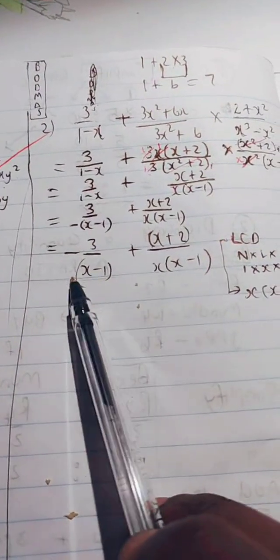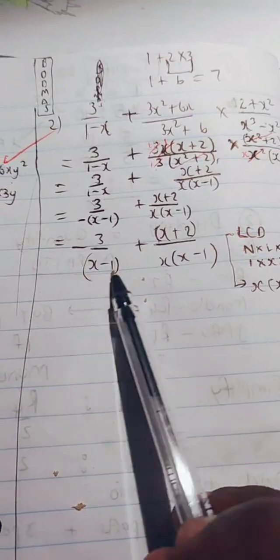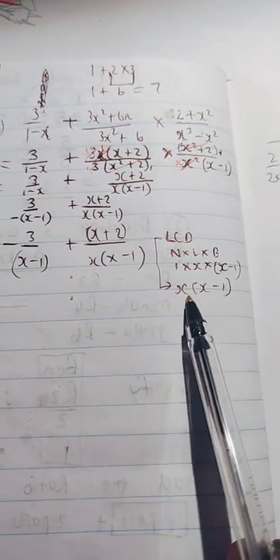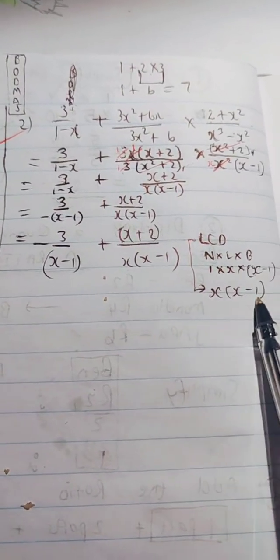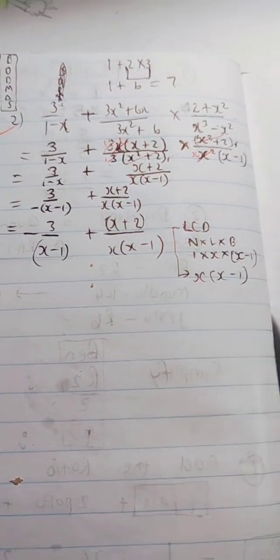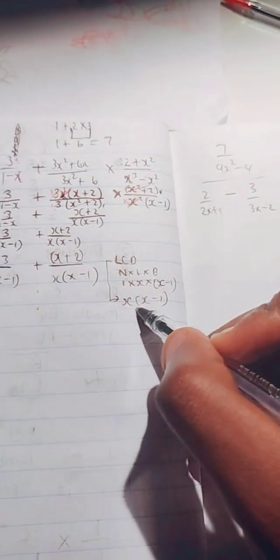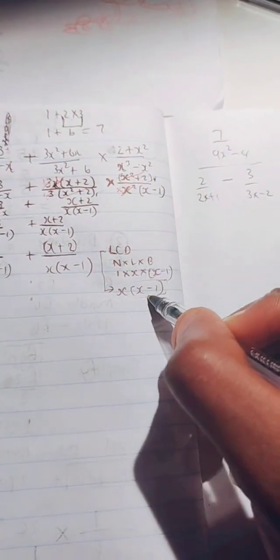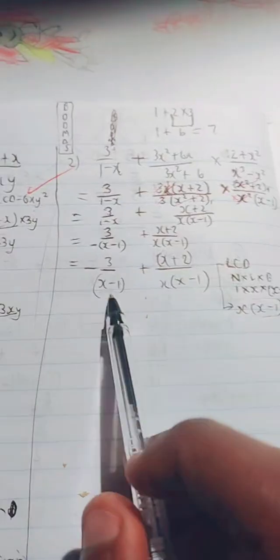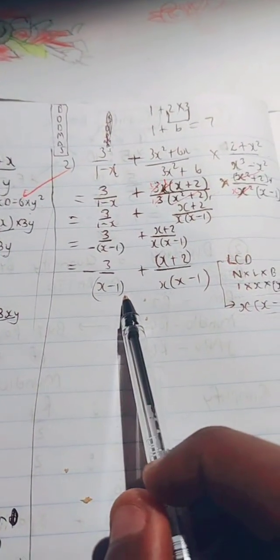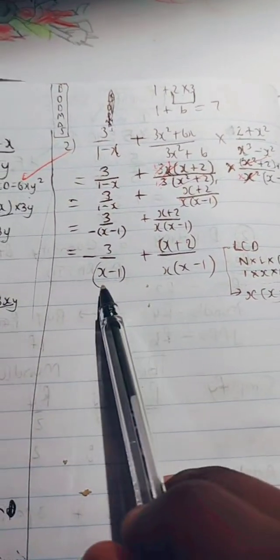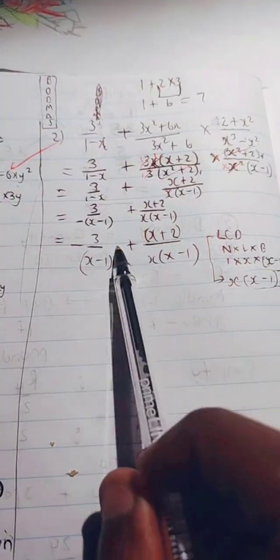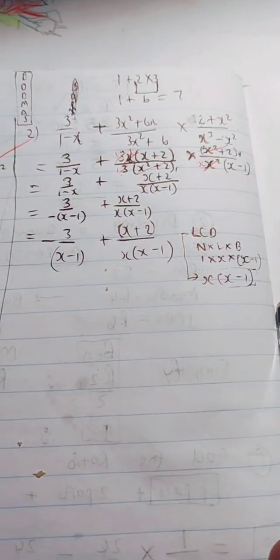If you look at this denominator, it is x minus 1. But if you look at the LCD, it is not just x minus 1, but it is x into x minus 1. This denominator needs to be the same as the LCD.